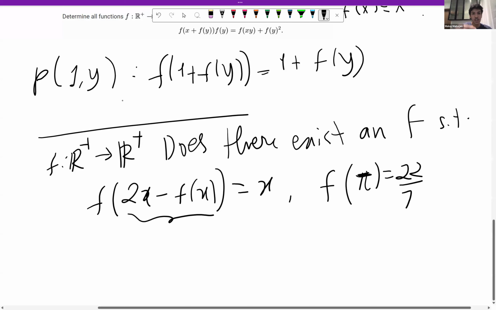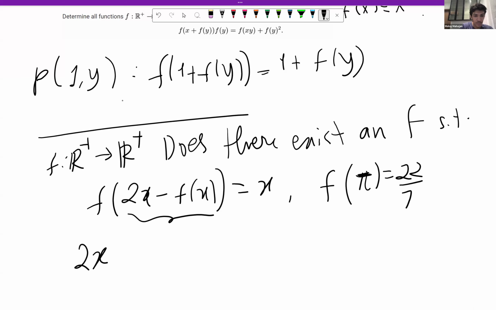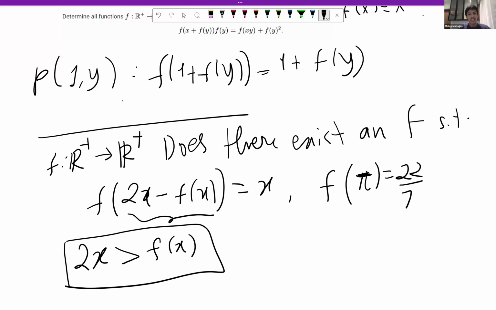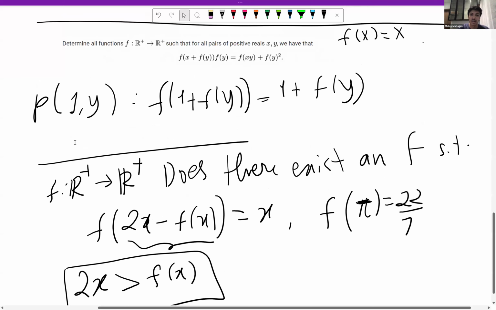The point is, because it's f of something, this has to be positive. So you already have a bound. 2x is going to be bigger than f of x. Generally, in problems, you don't get a bound directly, but this is something that happens. And yes, someone put it in chat. That's it. I won't be discussing this more. This will go on your homework.